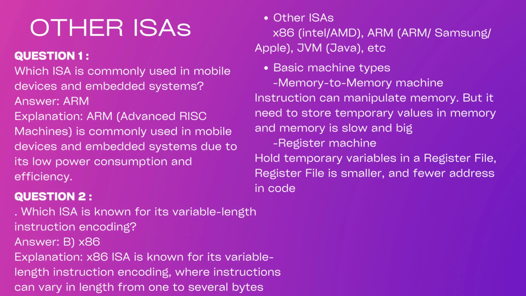The second question is, which ISA is known for variable length instruction encoding? The answer is x86. Explanation: x86 ISA is known for its variable length instruction encoding, where instructions can vary in length from 1 to several bytes.